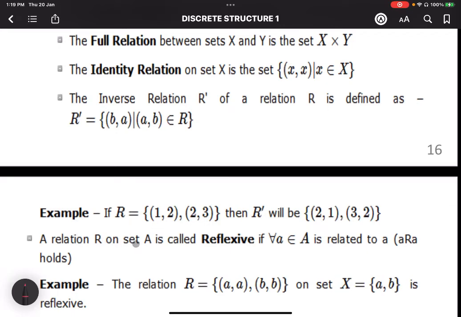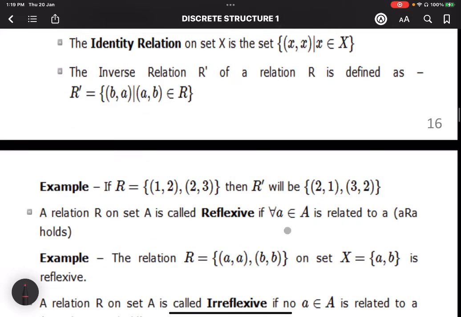A relation R on set A is called reflexive if A is an element of big A and A is related to A holds, no? Ibig sabihin reflexive, may binary sila and katulad ni X and X, they are equal, no? Remember yung ating X kanina, 'di ba may ganito siya?